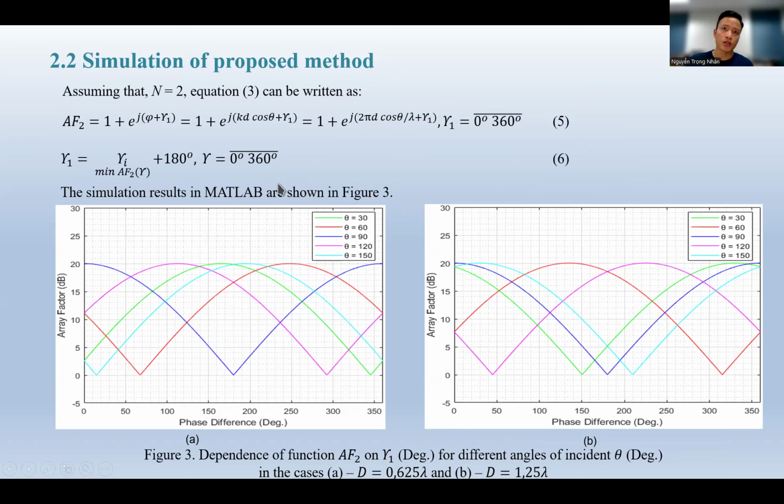The simulation results using MATLAB are shown in figure 3. We can find the angle gamma at the minimum and maximum points of the dependence. With the minimum point finding method, when the angle of incidence theta equals 90, the phase shift gamma equals 0 degrees.